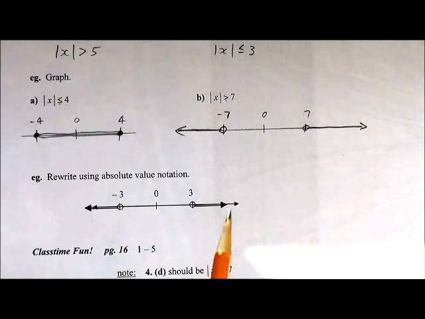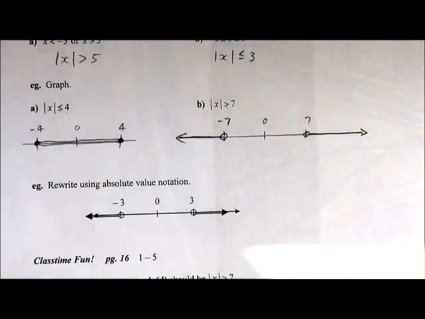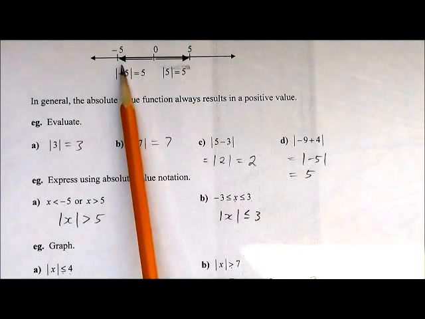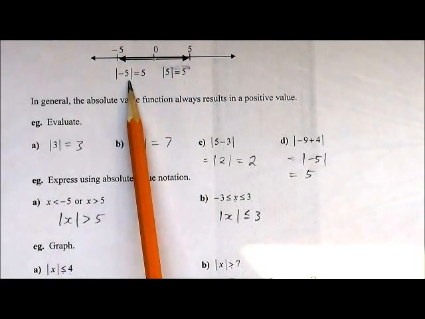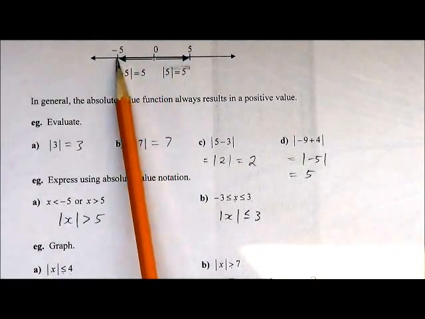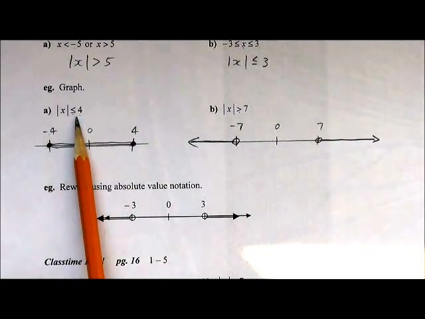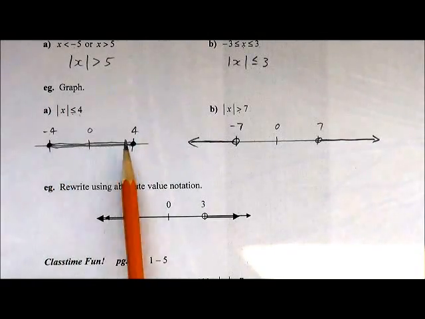We want to rewrite what's on the number line here, using absolute value notation. Well, we've seen an example up at the top here showing that when the absolute value of x is less than 5, it's between negative 5 and 5. Here we see when it's less than or equal to 4, it's between negative 4 and 4.